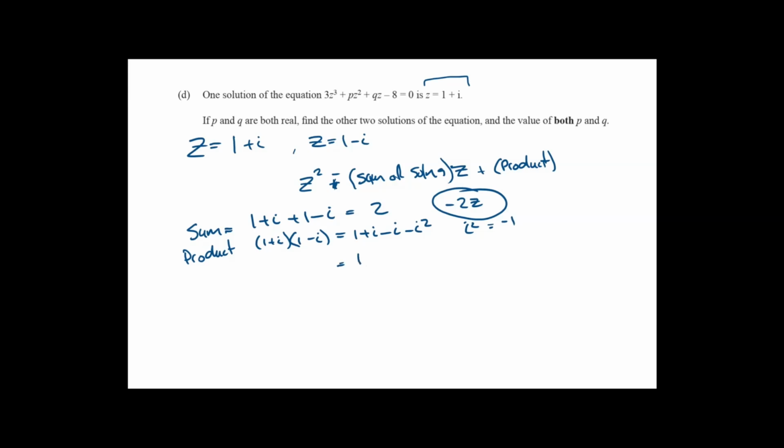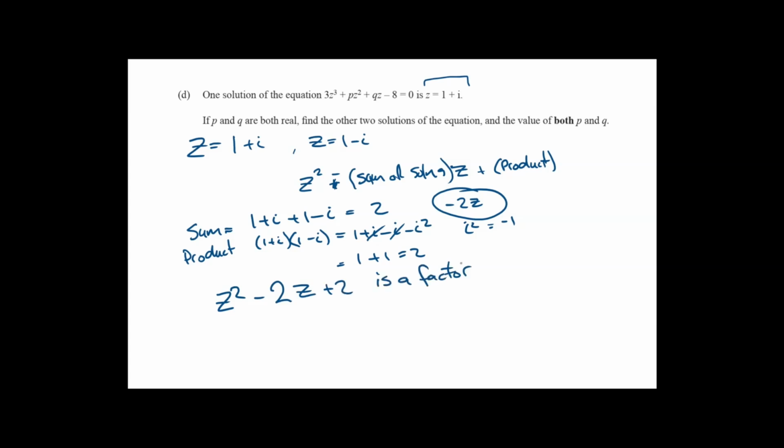So this is 1 plus 1, which is 2. So that tells us that z squared minus 2z plus 2 is a factor.